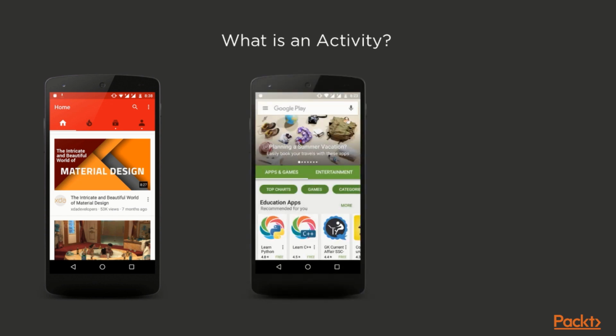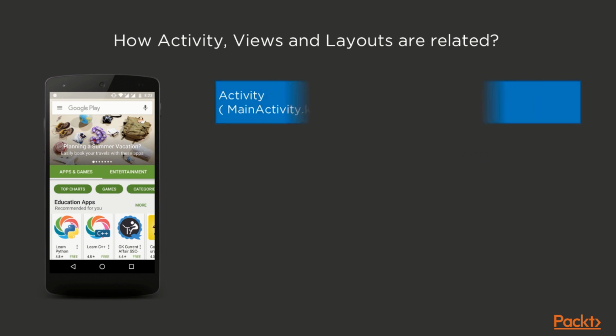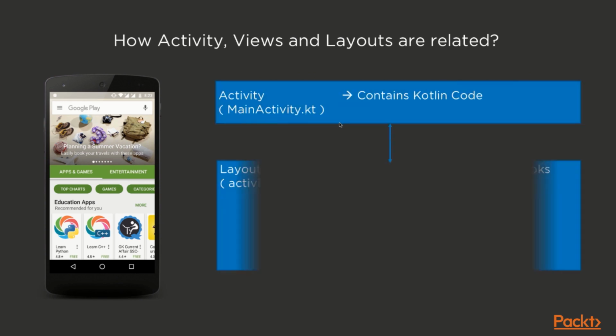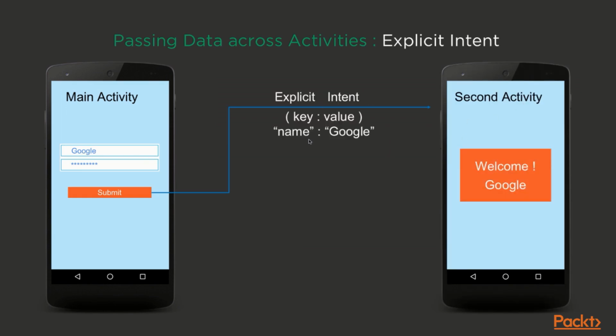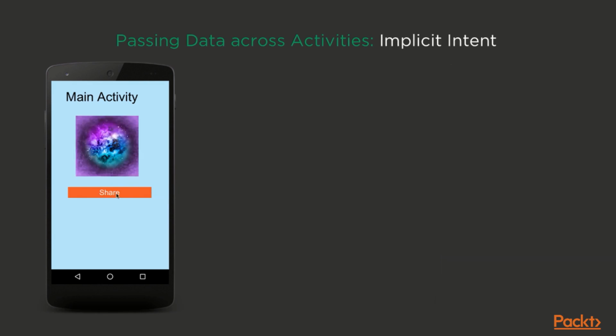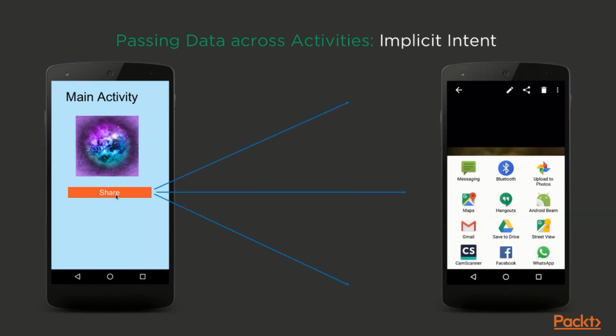Along with this, we will explore the concept of activities, intents, and even how to move from one activity to another using intents in Android. Also in this section, we will check out how to pass data from one screen to another, that is, from one activity to another.